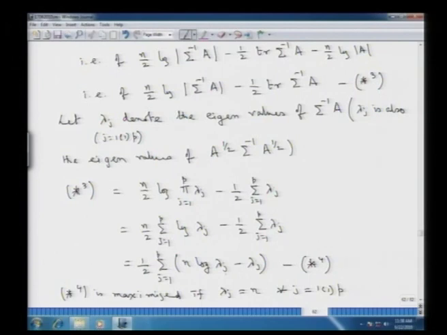Now, lambda j actually is a crucial term. Lambda j is what is associated with this unknown covariance matrix sigma, and that lambda j being equal to n for j equal to 1 to p is what is going to lead us to the maximum likelihood estimator.